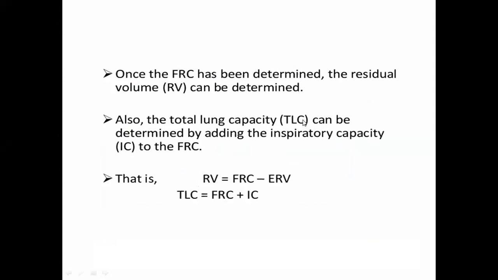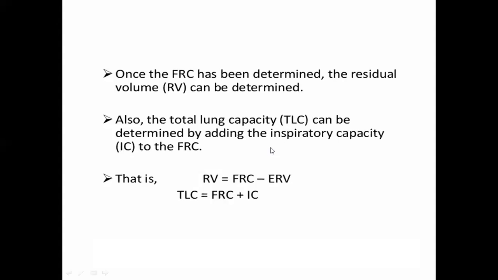In the starting, we were told that the FRC, residual volume and total lung capacity, these three parameters are not possible to measure with the generalized parameters. To measure these three parameters, we have to use some special arrangements, which we have seen here.